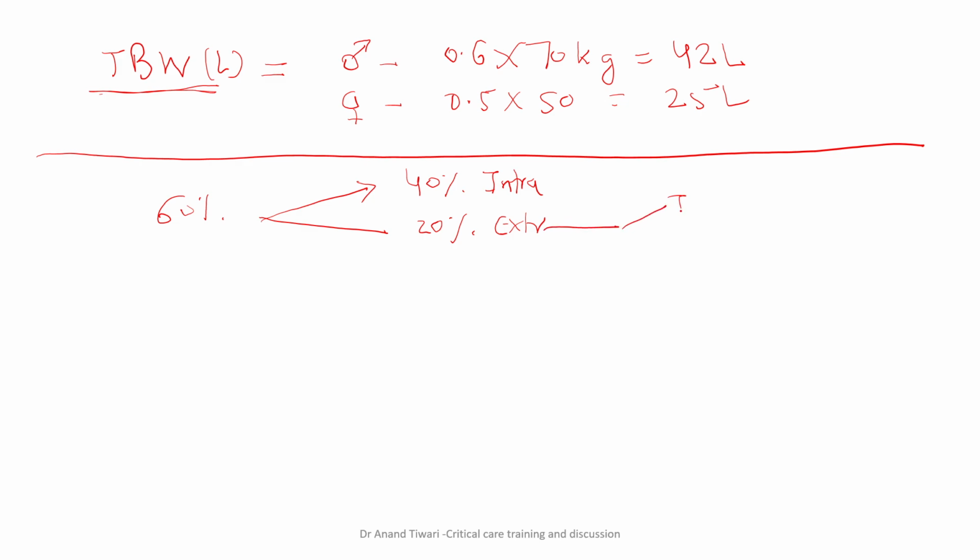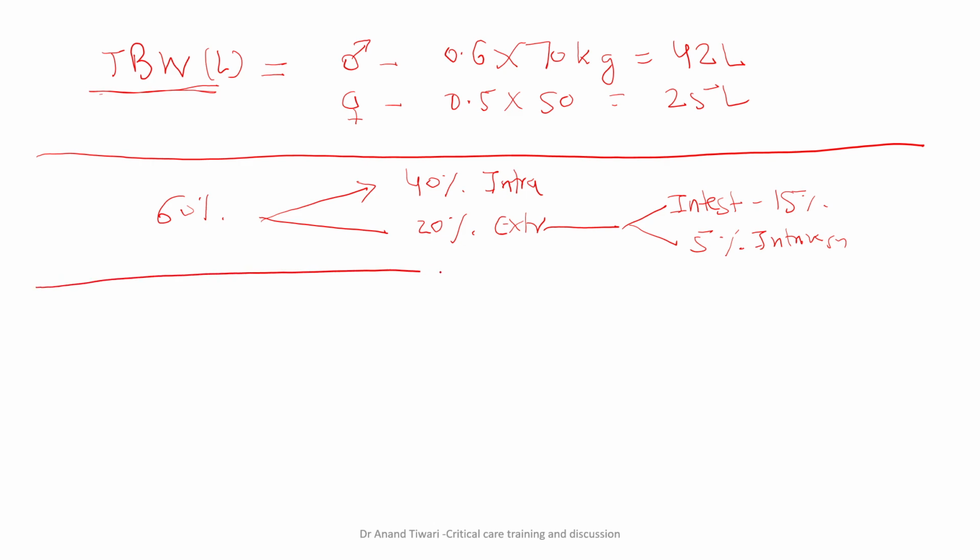One is interstitial, that is between the cells, which is 15% of body weight, and 5% is intravascular. Why this is important to know is because when we give IV fluid in the body, the distribution follows the osmolarity and maintains electroneutrality, and any fluid follows this principle in distribution, that we will see.